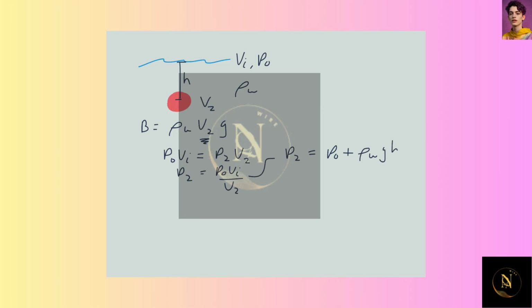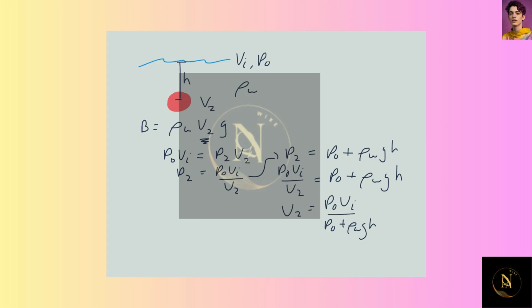And we can plug this in for P2 and solve for V2 that way. So P naught V1 over V2 is equal to P naught plus rho W g h. V2 becomes P naught V1 over P naught plus rho W g h.